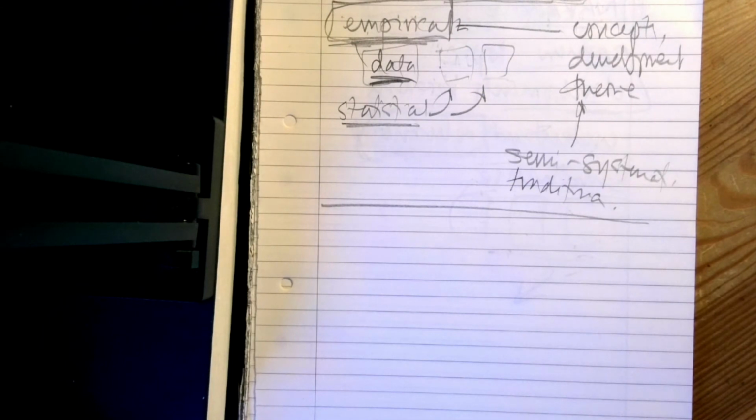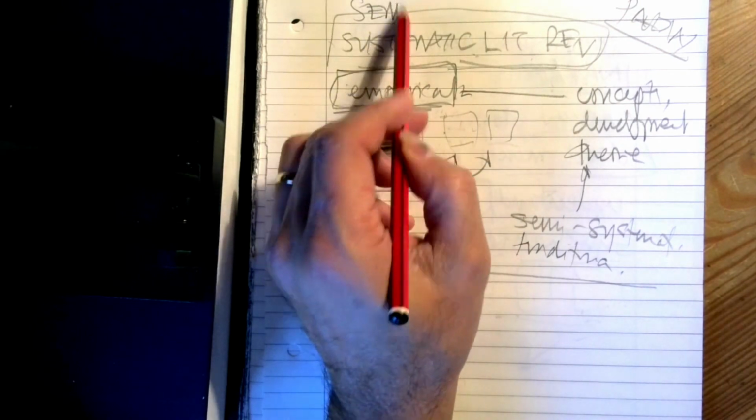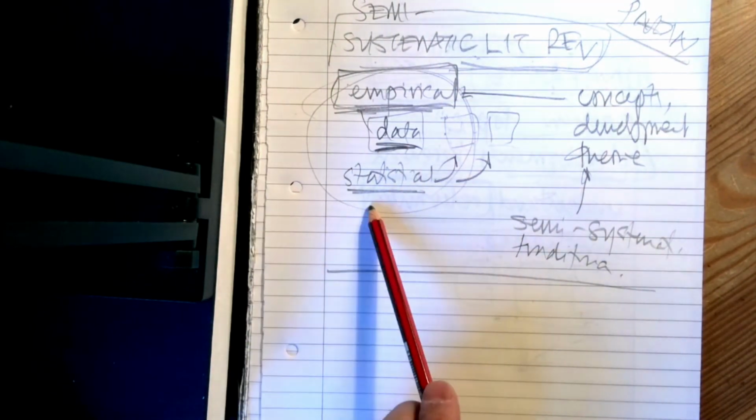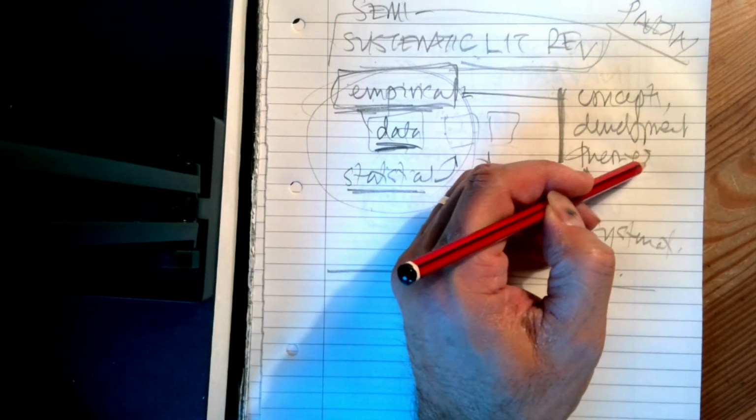So just to bring this second video to an end, it's a little bit shorter than the first, to emphasize the related concepts that we're interested in. We're interested in undertaking a semi-systematic literature review, which means that you might do some number crunching of information, but you're also dealing with concepts, developments, and theories of a particular area.